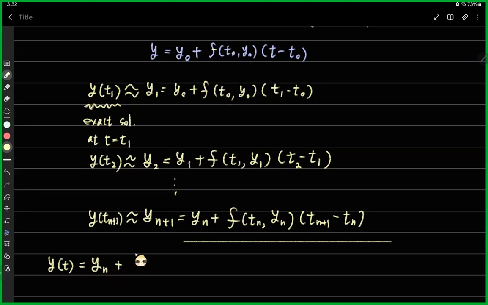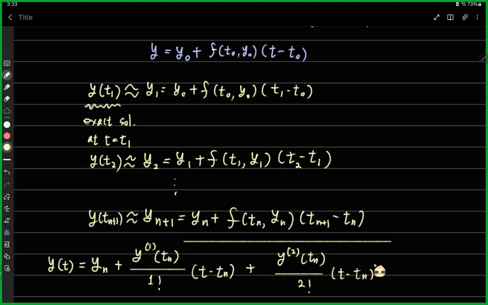And then y prime, the first derivative, at tn over 1 factorial, times t minus tn, plus the second derivative at tn over 2 factorial, times t minus tn squared, and so on.